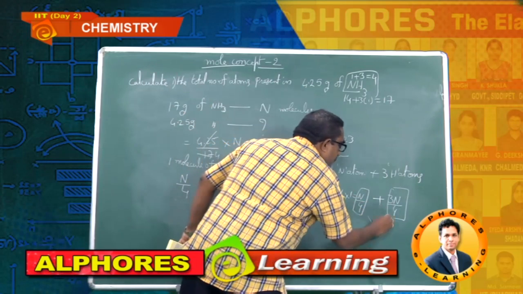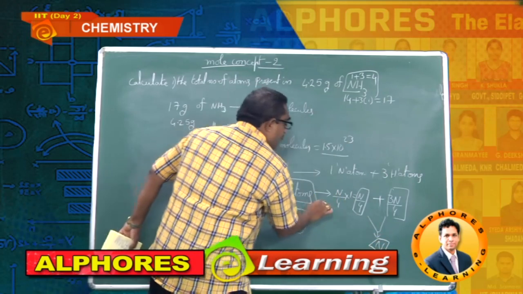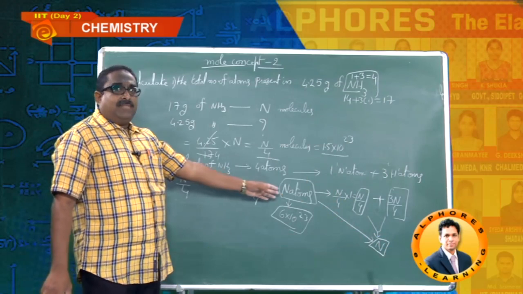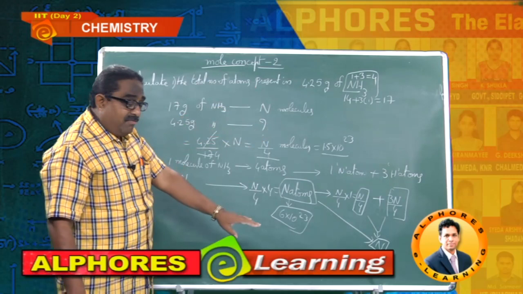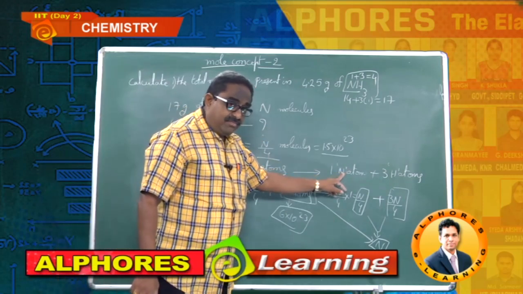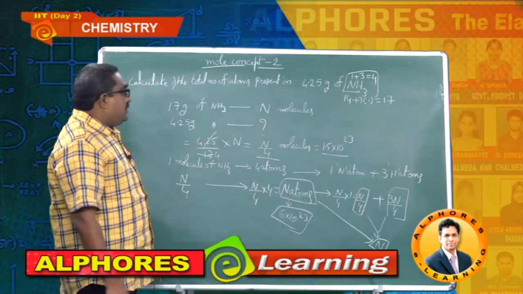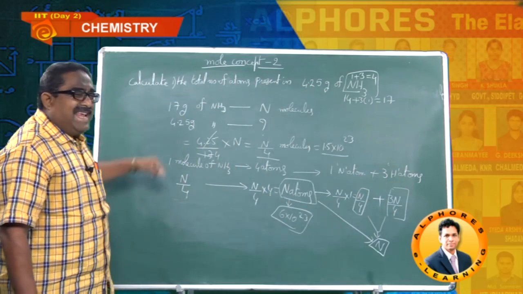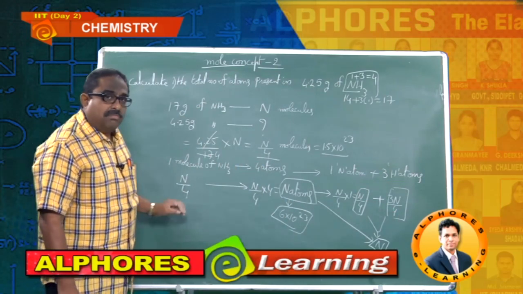If you add these two, again it becomes N, which is same. So, N number of atoms are totally present. Again, out of N number of atoms, N by 4 number of atoms of nitrogen and 3N by 4 atoms of hydrogen are present. So, with this I am going to end up the GMW conceptual approach with this example.